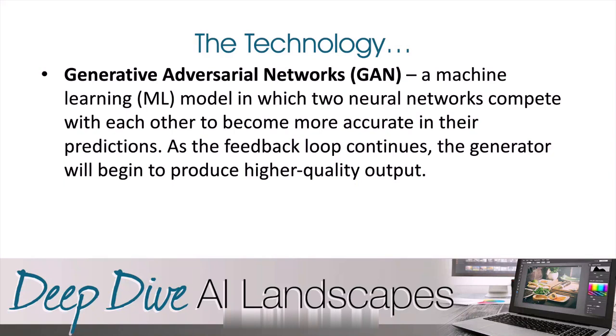If it says fake, then it essentially challenges the first network to produce a better result. And so it goes back and forth like that, hence the name adversarial. So in essence, you have two bits of code that are competing against each other to see who can come up with the better realistic outcome.